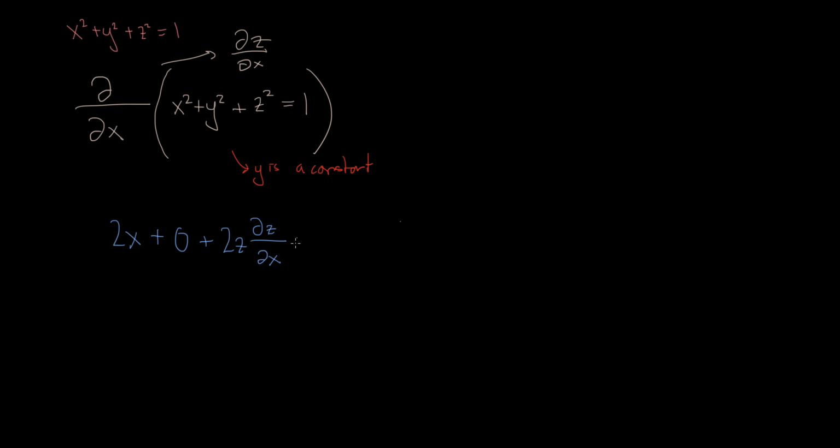And the derivative of a constant is always 0. And so already right there, we have exactly what we want to find, partial z, partial x. And so we can solve for partial z, partial x. And this yields us negative 2x over 2z. I'm going to skip a few algebra steps, and that's negative x over z.